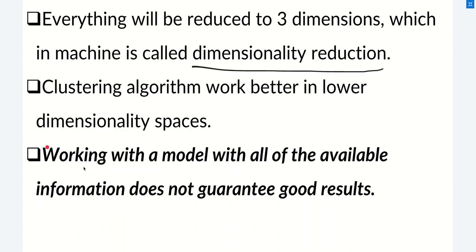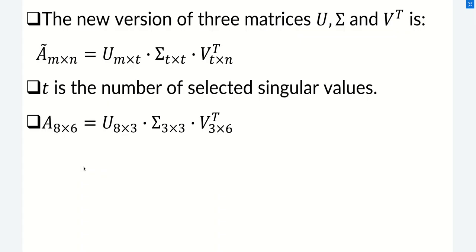I've highlighted this point: it's very, very important that working with a model with all of the available information does not guarantee good results. Why? Because your model is going to learn noise, noise, noise, noise. We don't want that. So you reduce to the level where it can capture the entire data, so that you can do away with irrelevant data.